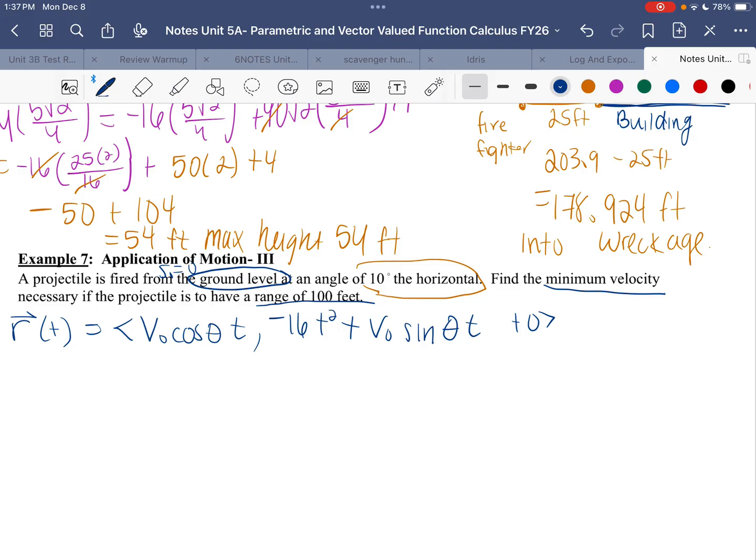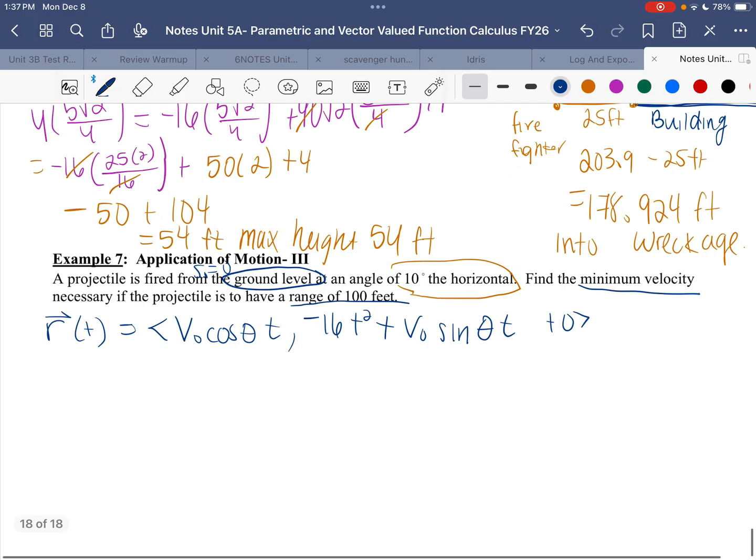And we got our 10 degrees. A range of 100 feet means to move 100 feet horizontally.